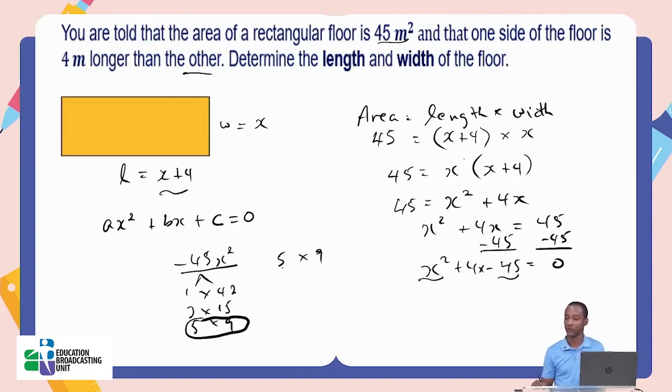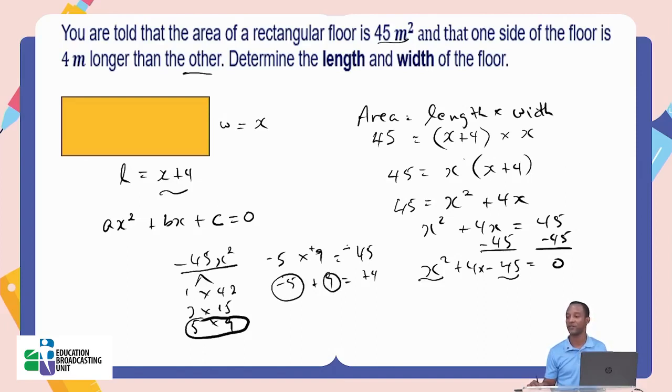Now, if we put the negative on the smaller term and the positive on the larger term, when you multiply these, you'll get negative 45. And when you add these, negative 5 plus positive 9, you'll get positive 4. So these are the two that we're looking for, negative 5 and positive 9.